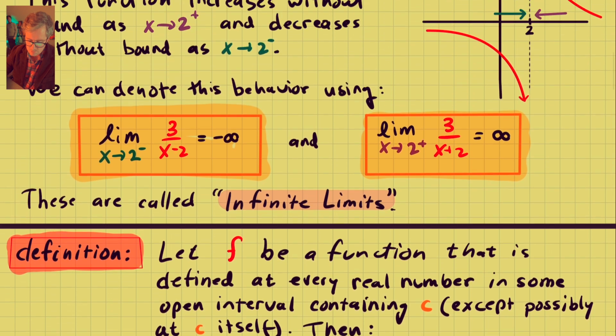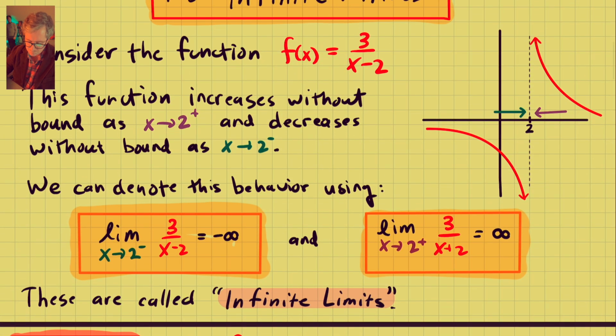And so similarly, if we look up here, if I want to prove that this goes to negative infinity, what I can do is pick an arbitrarily large negative number and show that whenever I'm very, very close to 2 from the left-hand side, I'm way, way down here below this number, right?